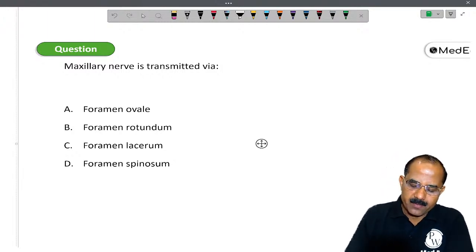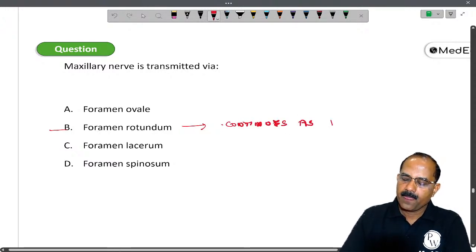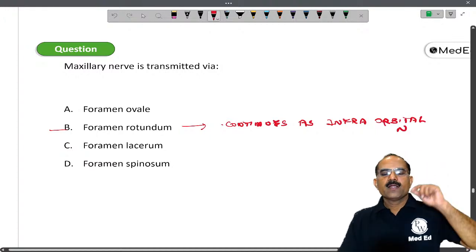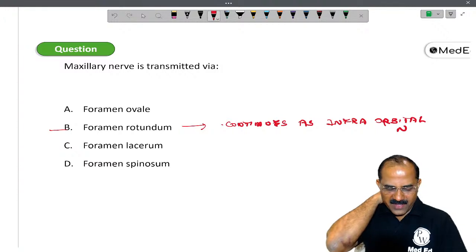Foramen rotundum. The maxillary nerve passes through the foramen rotundum and continues as the infraorbital nerve.